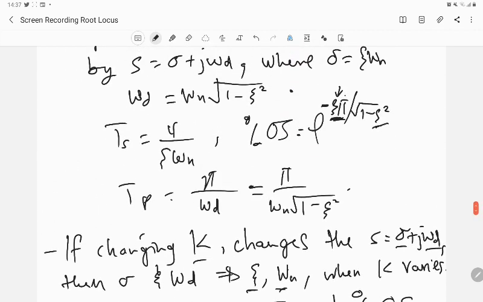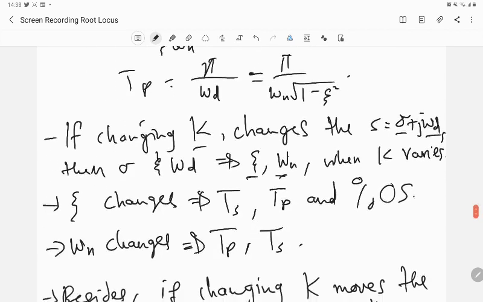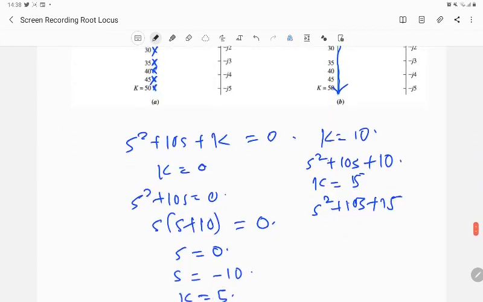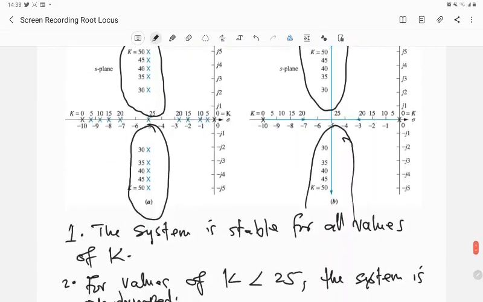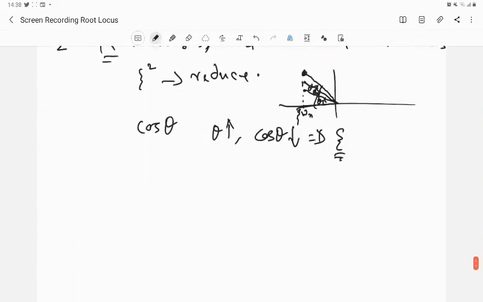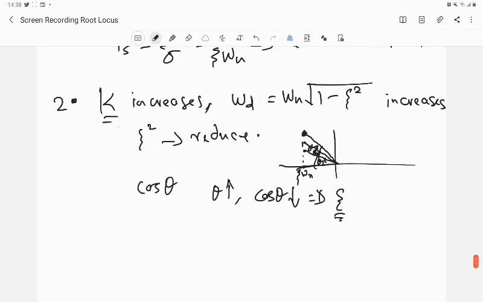Also, if you decrease this, you are increasing the denominator, which is another factor helping us increase the overshoot. So if k increases, then zeta diminishes, and therefore our percentage overshoot will increase.